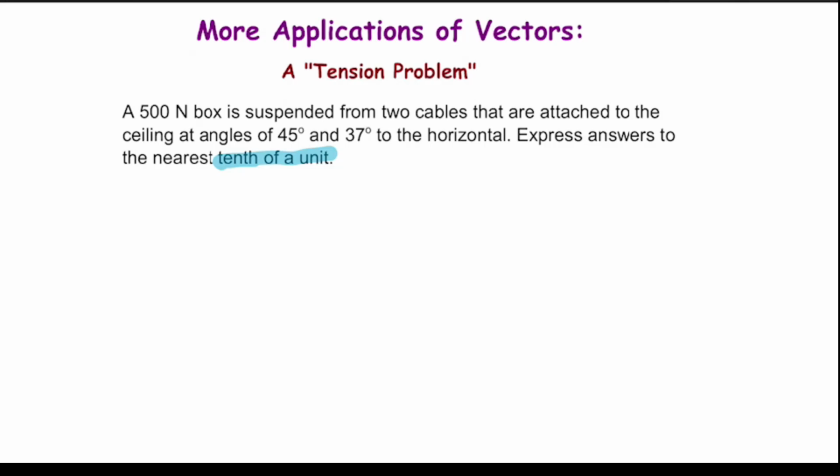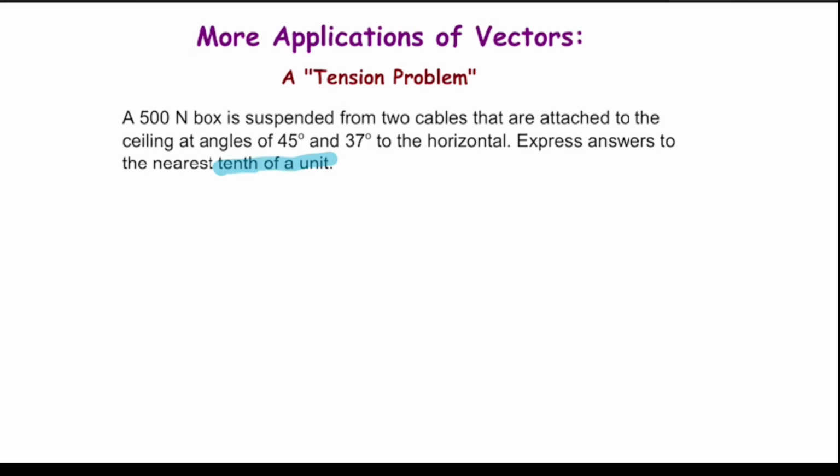Let's go through our steps and see what the best way is to deal with this. So, first of all, step one, we're going to set up our diagram like I've mentioned in the past. So set up our vector diagram. Step two, we're going to find our missing angles.